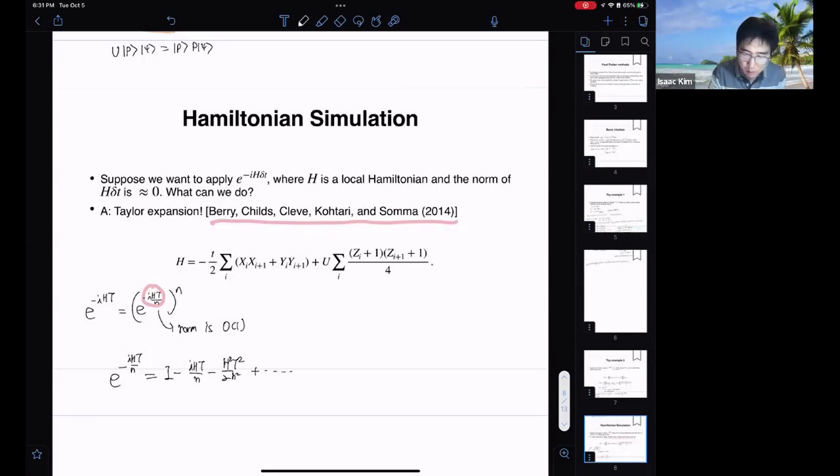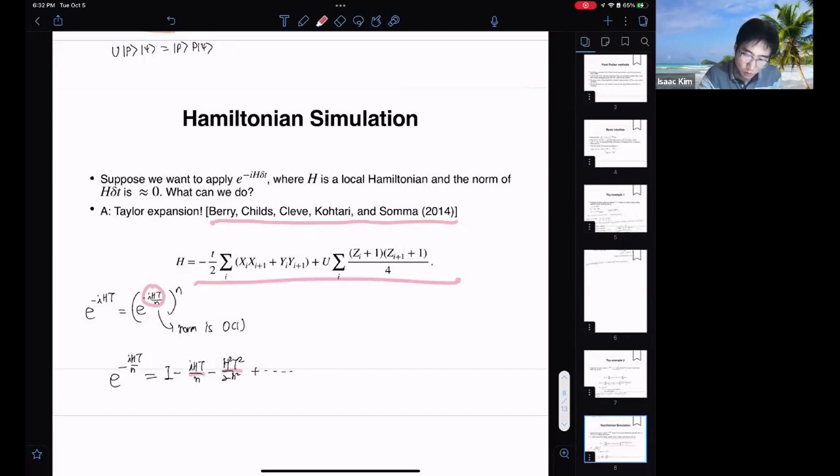And if you can write down the Hamiltonian as a linear combination of unitaries like that, then the linear order, quadratic order, higher order, all those things will again be linear combinations of unitaries.